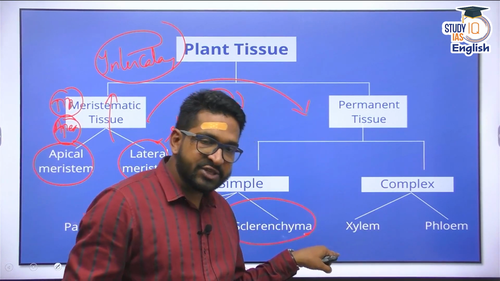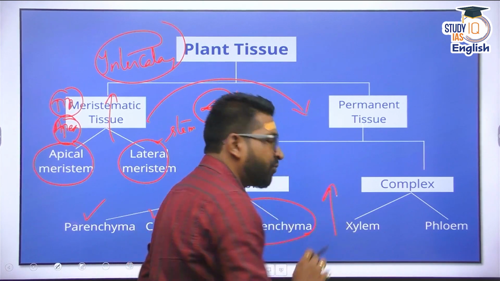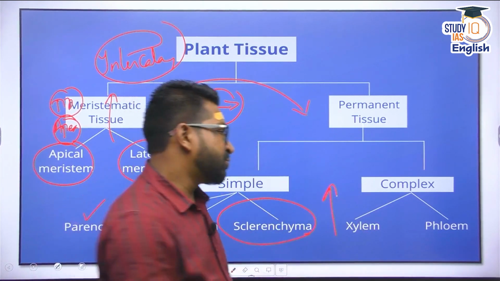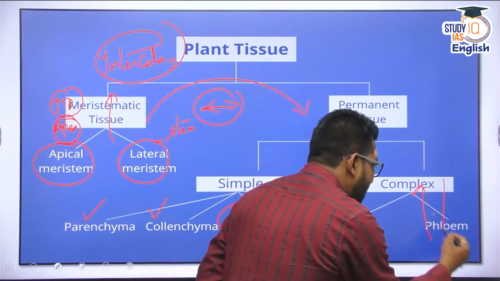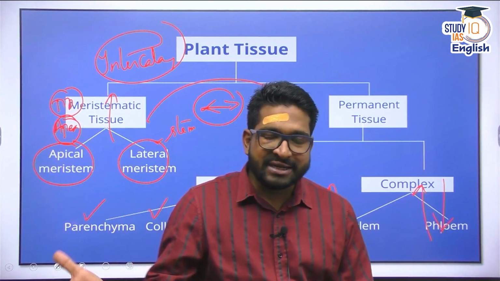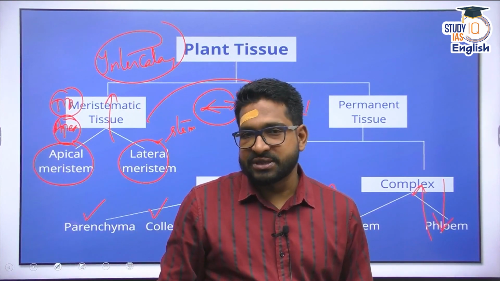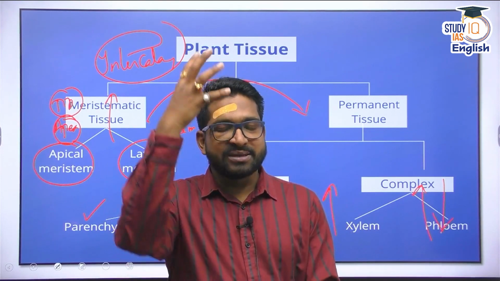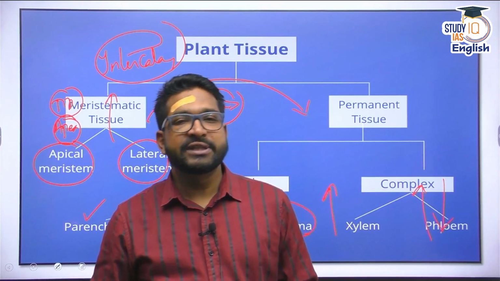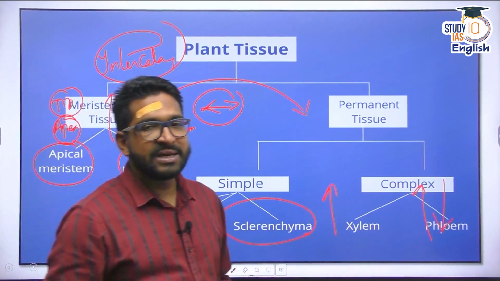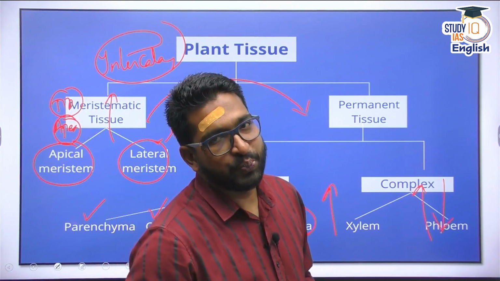Xylem is for water transport. It is one way, water and mineral transport. Phloem is for food and other transport. It is a two-way transport mechanism throughout the plant. It transfers the products that are developed by photosynthesis. When photosynthesis occurs, the energy or food is transferred throughout the plant through the vessel called phloem. It is a complex permanent tissue.